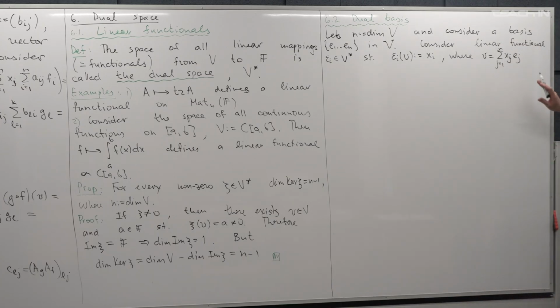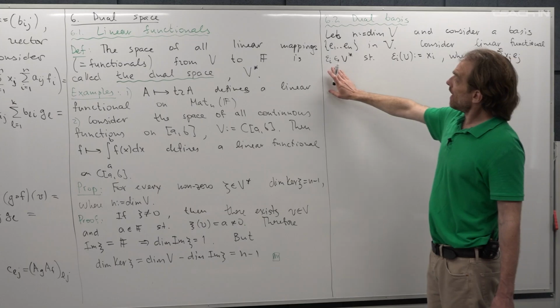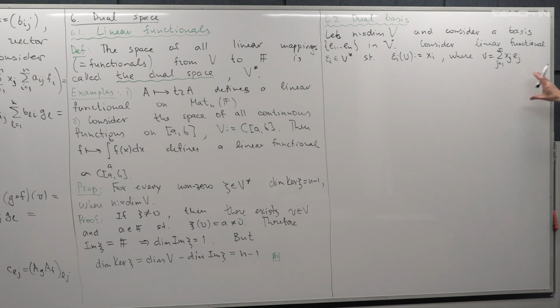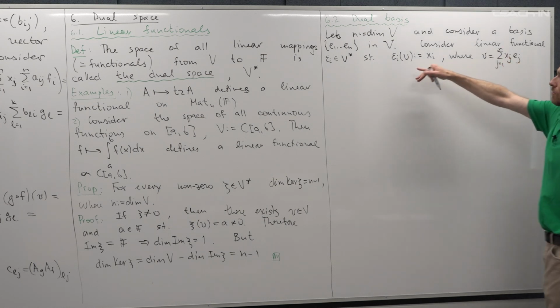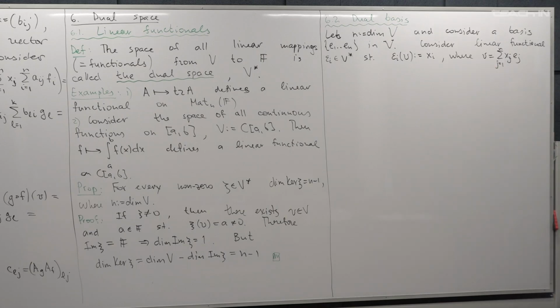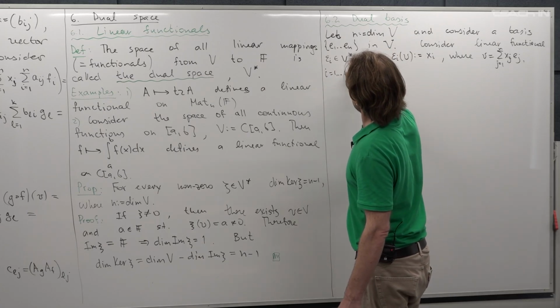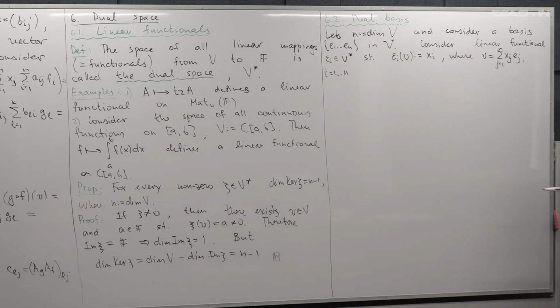So what does this mean? We consider a basis in our space. We consider the expansion of a vector with respect to this basis, and we define a linear functional that takes the ith coordinate of every vector with respect to this particular basis. So here I changes from 1 to n, so we get n different linear functionals.